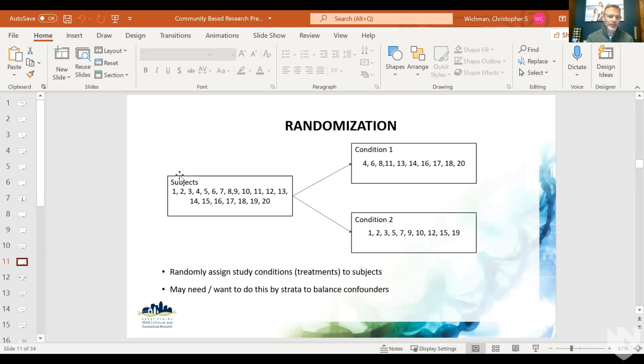Then my next block is going to be 6, so I wait till I get 6 more CBOs brought into the study, and then I randomize those 6 to 2 treatments. That allows us to manage the balance, to make sure we have basically equal numbers in each of the conditions, but it also prevents people from being able to anticipate what condition they are going to be assigned.